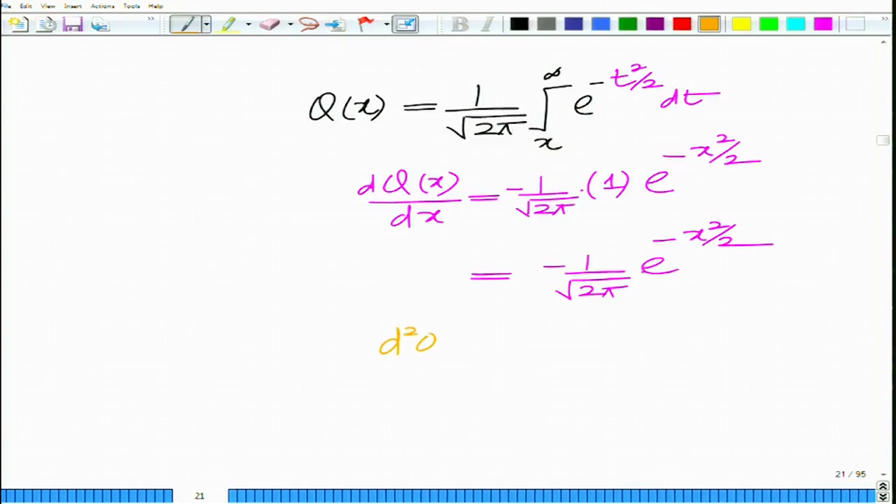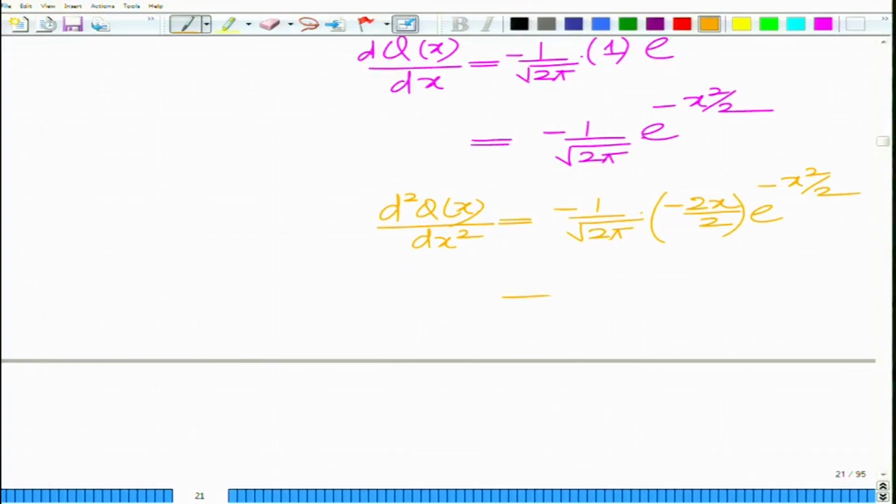Now, if you take the second derivative, d square Q of x by dx square, that will be minus 1 over square root of 2 pi times minus 2x over 2 times e raised to minus x square over 2, which is equal to x over square root of 2 pi e raised to minus x square by 2.